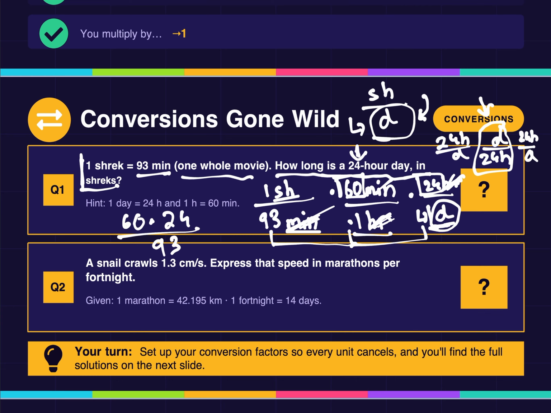Now, if I was to use my calculator, this gives me 15.48 Shreks. So yeah, I always round to 2 decimal points, which I find more useful. Okay.